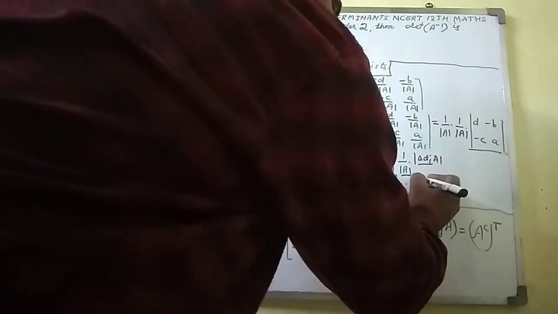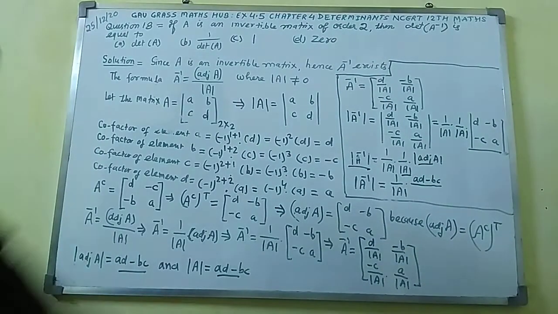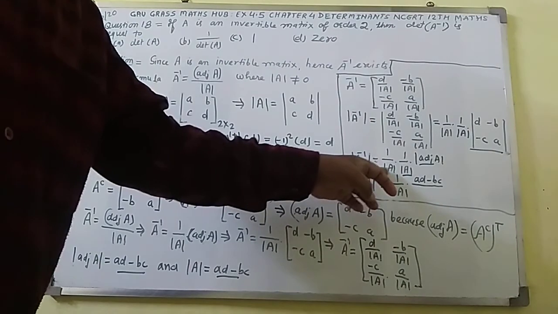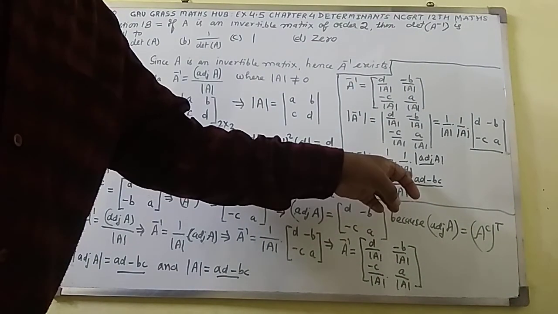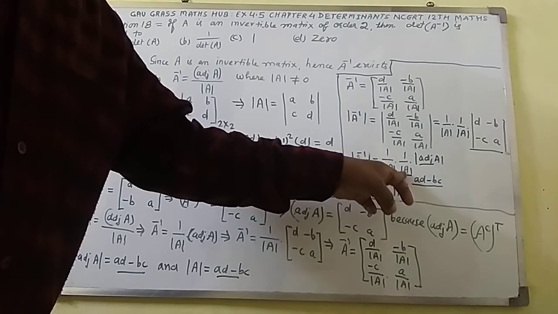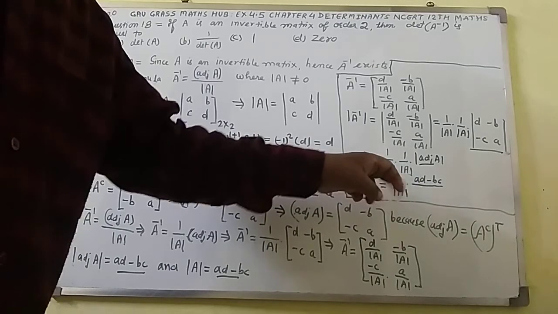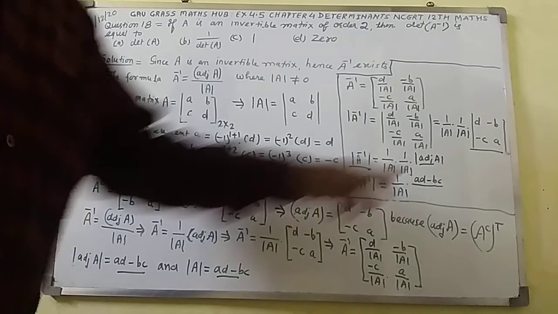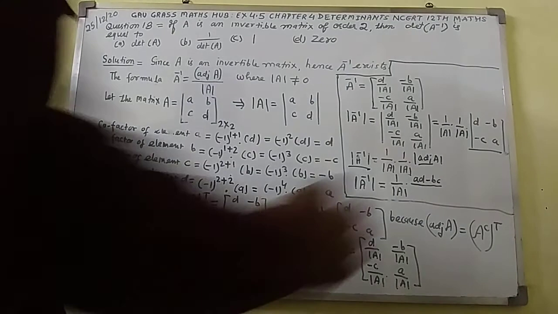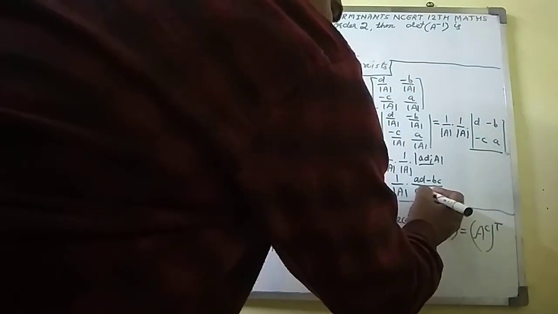In the numerator I shall write ad minus bc, whole over determinant A, and for this I shall take the value from here, ad minus bc.